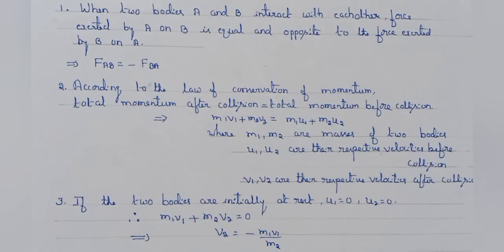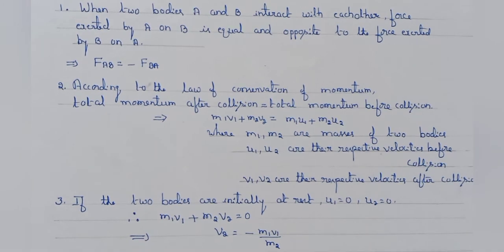Next, when the two bodies are at rest, their initial velocities are 0. So when their initial velocities are 0, u1 is equal to 0 and u2 is equal to 0. Therefore, m1v1 plus m2v2 is equal to 0. We can write it as v2 is equal to minus m1v1 by m2.